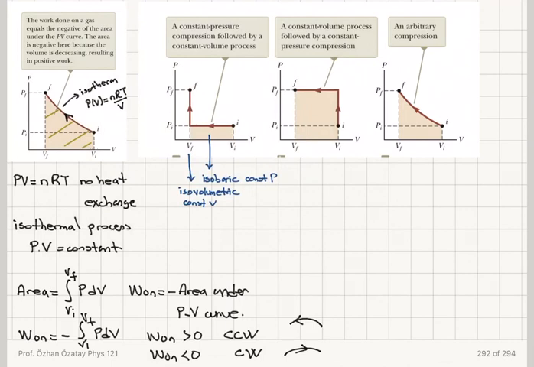So what is the work done going from P initial, V initial to P final, V final using this process? Well, since the isovolumetric process does not have any volume change, it's going to have no contribution. The work done will be equal to minus P initial times (V final minus V initial).